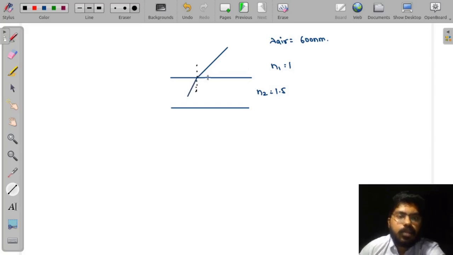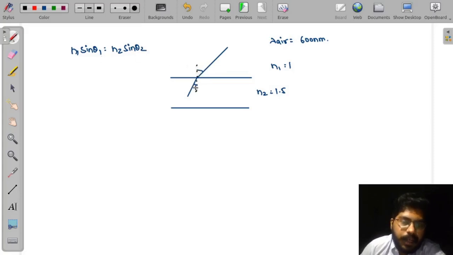You could have calculated this theta also by Snell's law, n1 sine theta 1 equal to n2 sine theta 2. They would have given you the angle of incidence or angle of refraction.